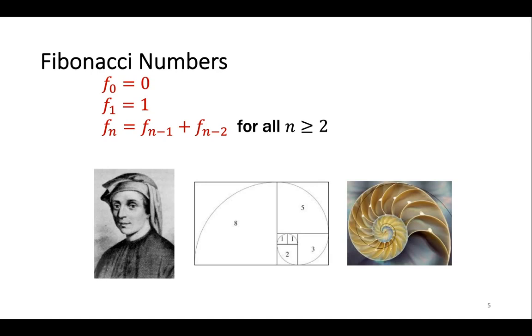And one of the famous examples is Fibonacci numbers, which use two previous numbers, one step previous and two steps previous, and summing them together is the current Fibonacci number.